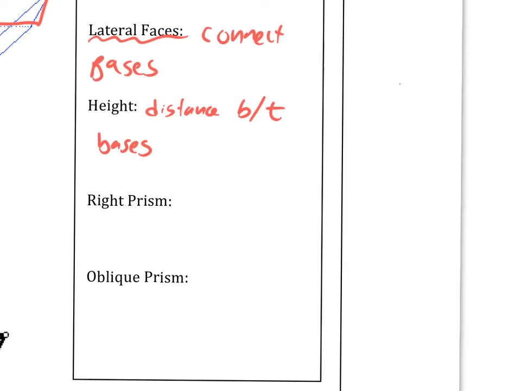A right prism is where your lateral faces are perpendicular to the base. If your lateral faces are perpendicular to the base, we call that a right prism. However, if your lateral faces are not perpendicular to the base, we call that oblique.